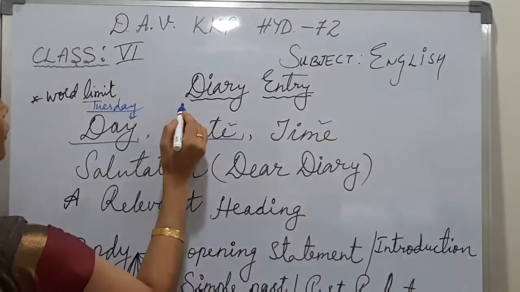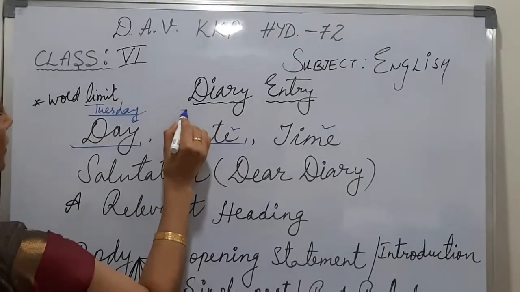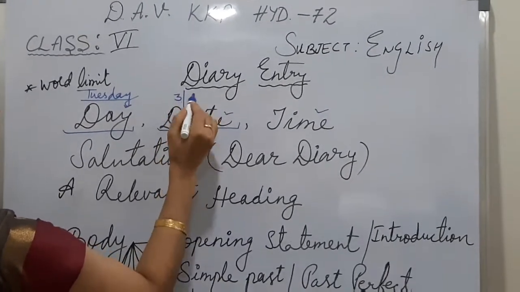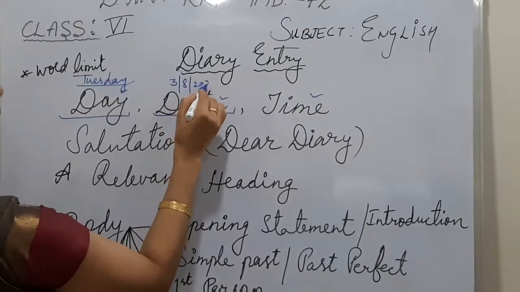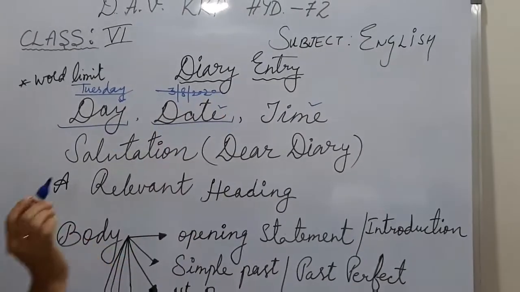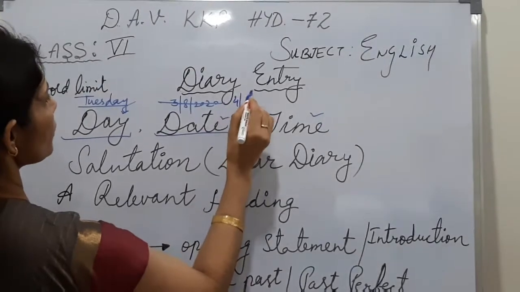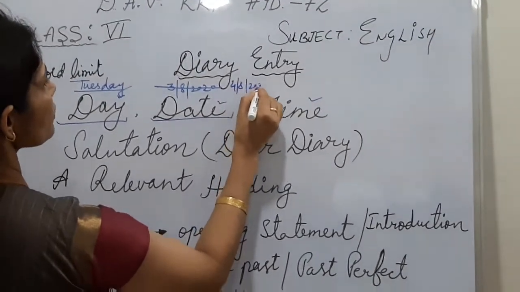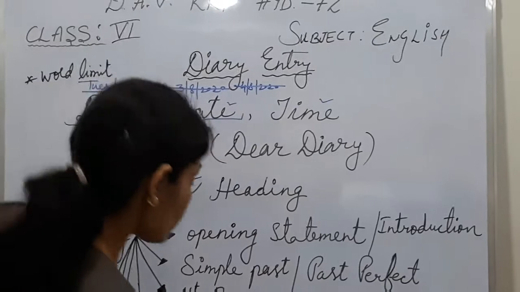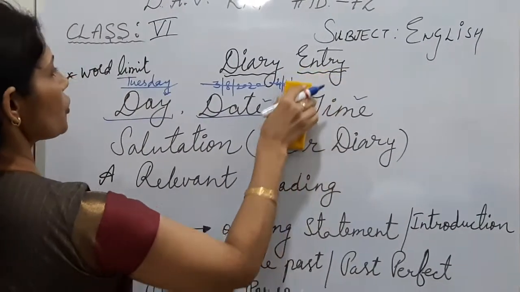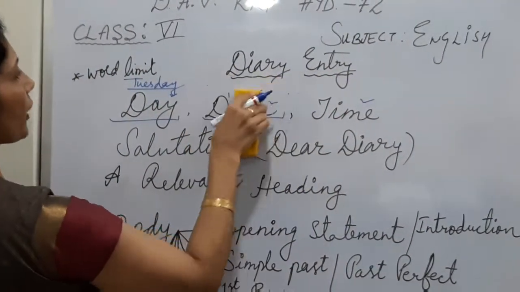Complete date means you cannot write like this. You cannot write like this. This is wrong. You can write like this, 4. If you are writing like this also, that is also wrong. So how to write? We should write in the word format.